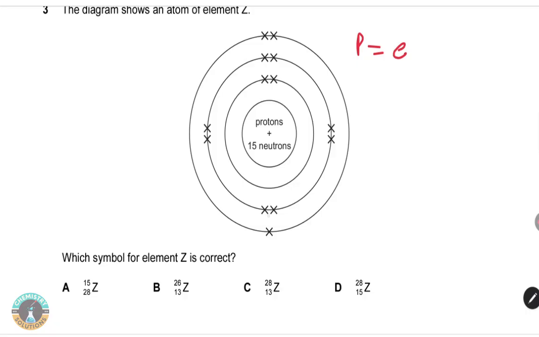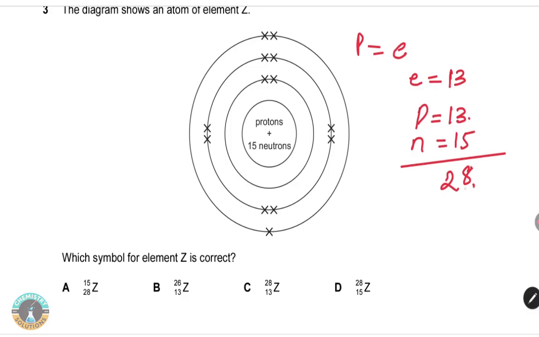So 2, 8, 3, that is 13. So there are 13 electrons, and a similar number of protons are there in an atom, that is 13. And if we are talking about the neutrons, then 15 are the neutrons. So atomic mass will be 28. So Z will be Al with 13 electrons and protons and 28 as its atomic mass.